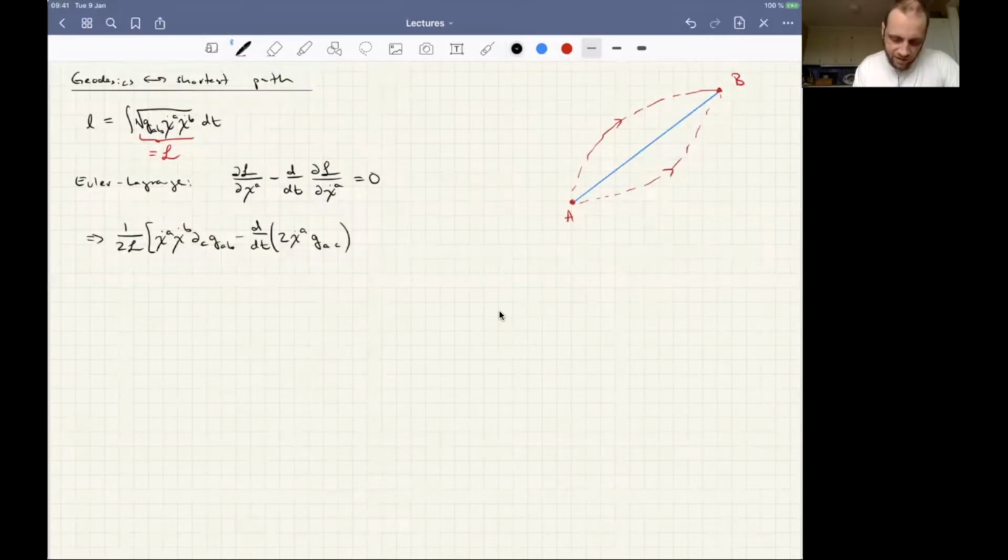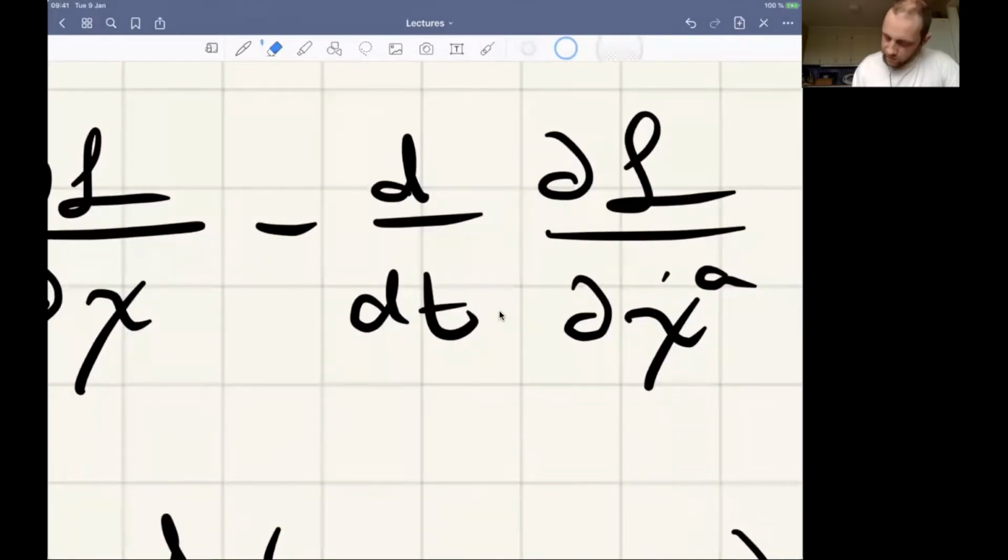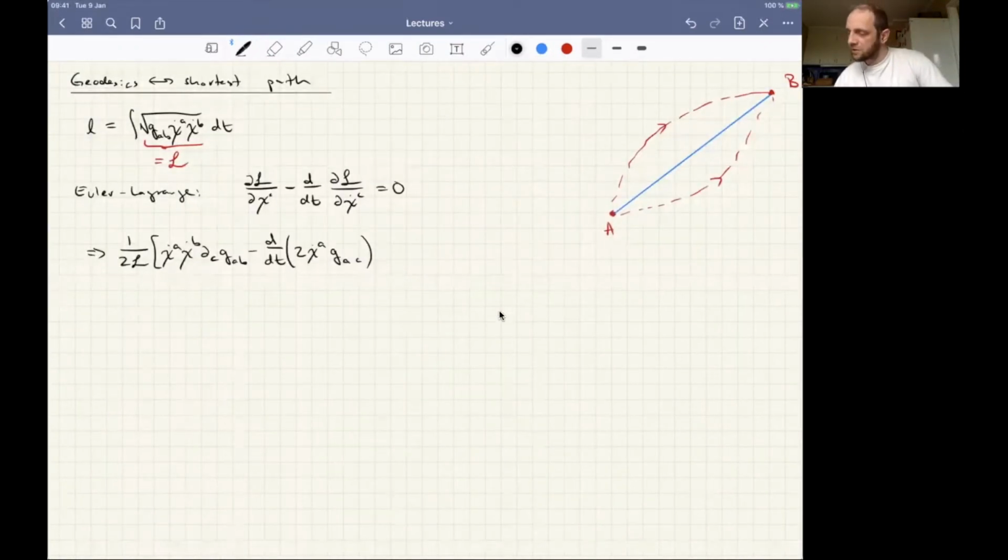And I've exchanged A for C, so let's actually do that up here too. So I used C's here, and that's just because they were C's in my lecture notes.